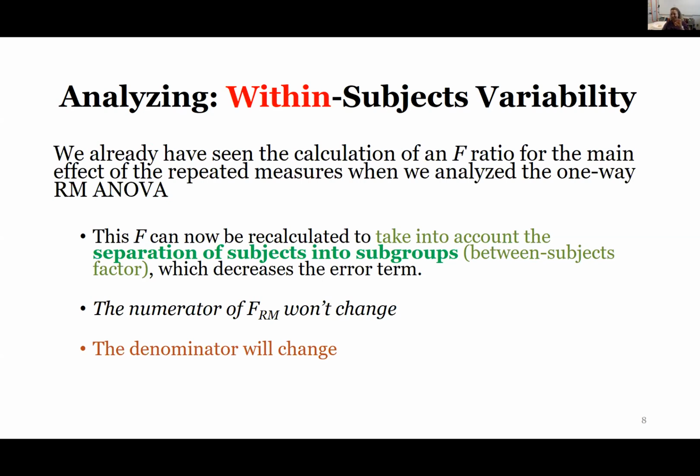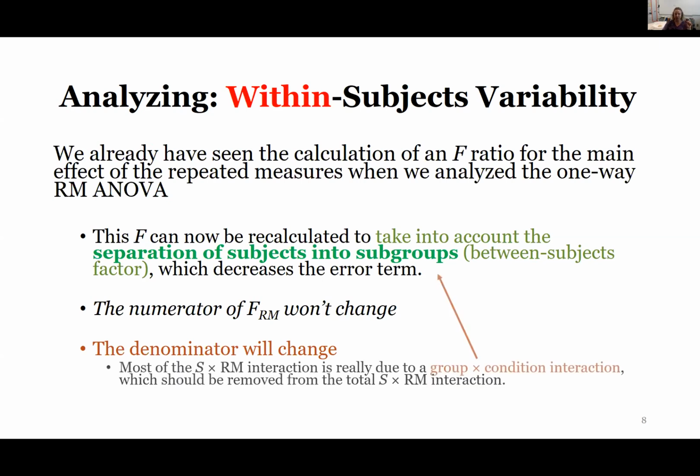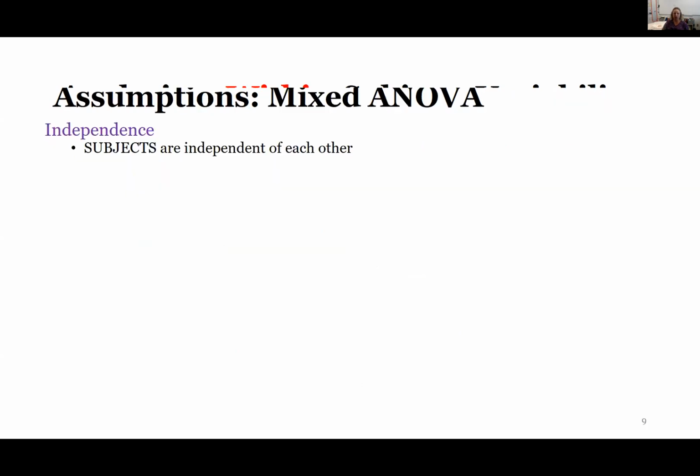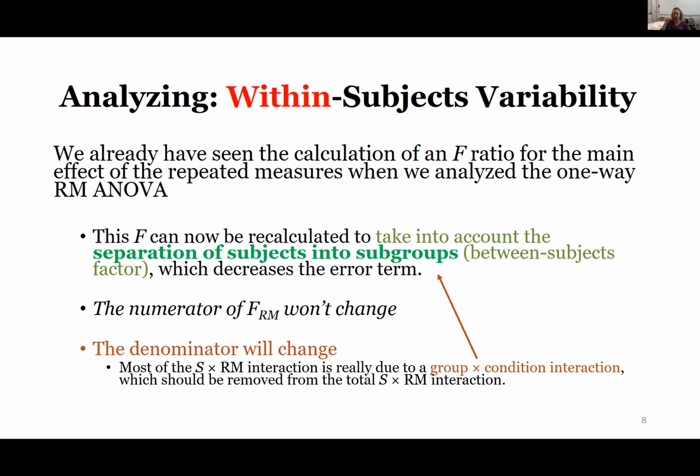Our within number is going to change for our repeated measure factor. Most of the subject to subject variability, we're going to have subject by repeated measure interaction. A lot of that's going to be due to the group by condition interaction. So we're going to remove that out. I think it's better to look at the degree of freedom tree breakdown in a second. I think it's the slide after this next one.